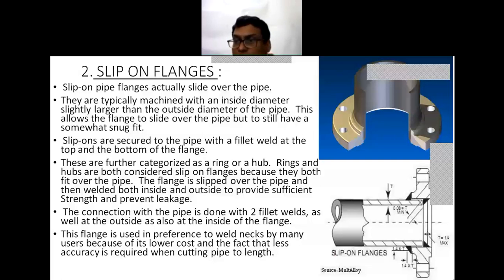Here the fitting over the pipe is there, however, the pipe will not cross over in this case. The flange will not cross over the pipe completely, but it is restricted inside the flange because of this available ring.